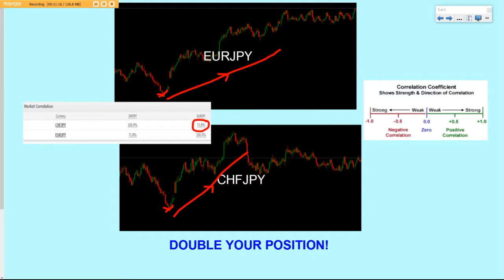Now if I was to sell this but buy this one, and this one was going in the opposite direction, then both trades would cancel each other out. So guys, just be mindful when you're thinking about putting on trades that are correlated.